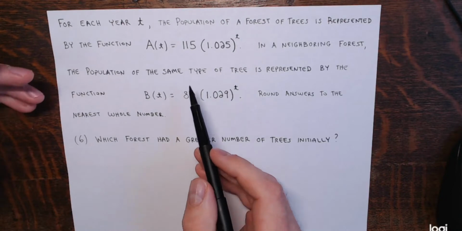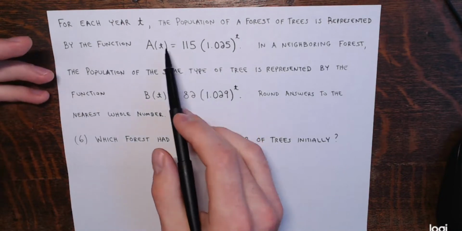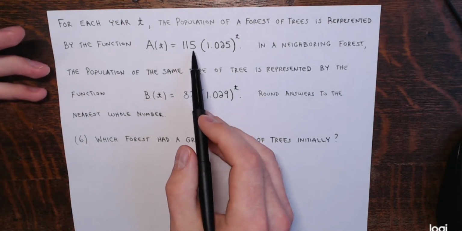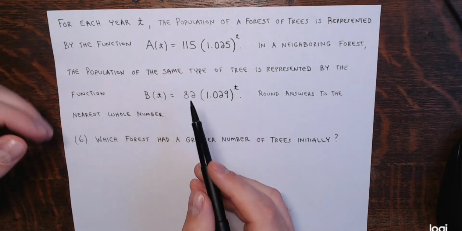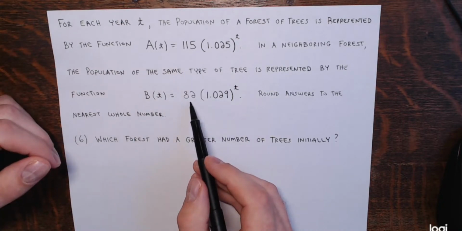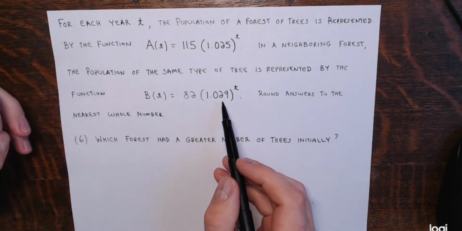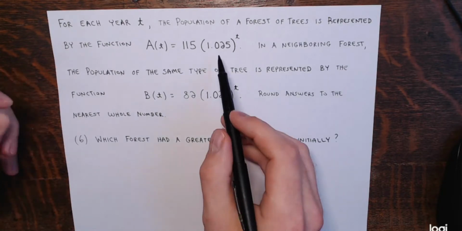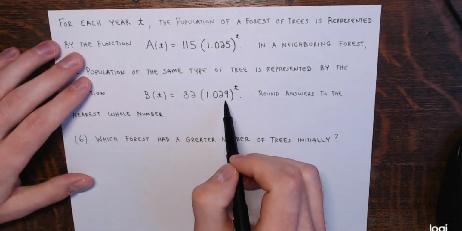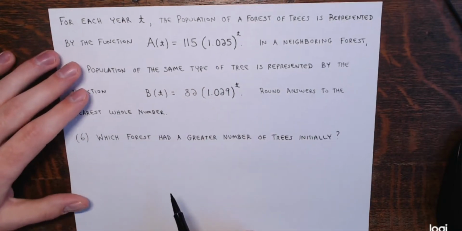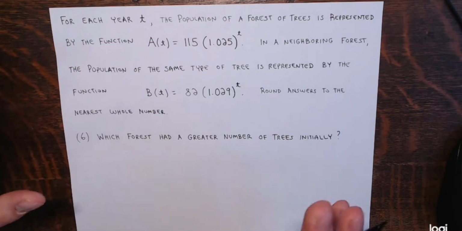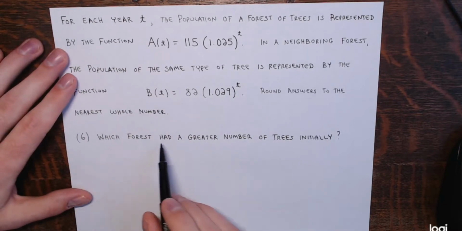So even though forest A has more trees initially, 115, than forest B, which has only 82 trees initially, eventually the number of trees in forest B will overtake forest A because the increase is larger, 2.9% every year as opposed to 2.5%. But that's neither here nor there. Let's just answer the questions.